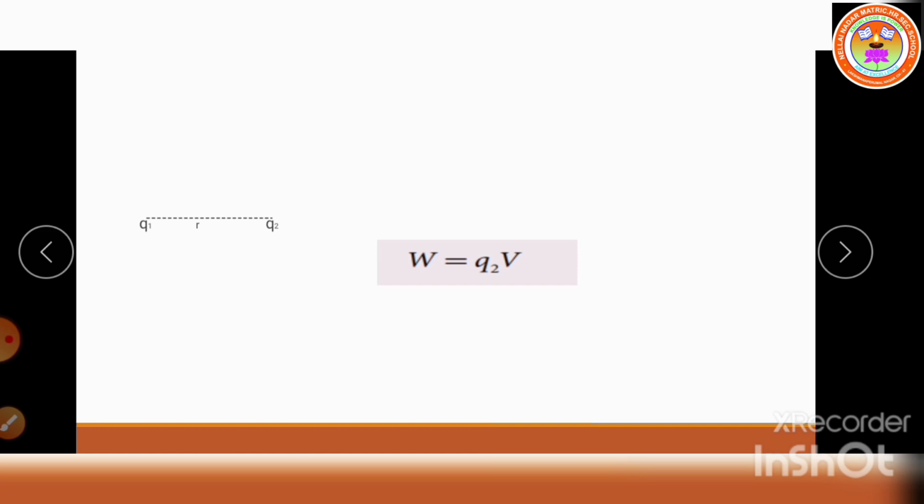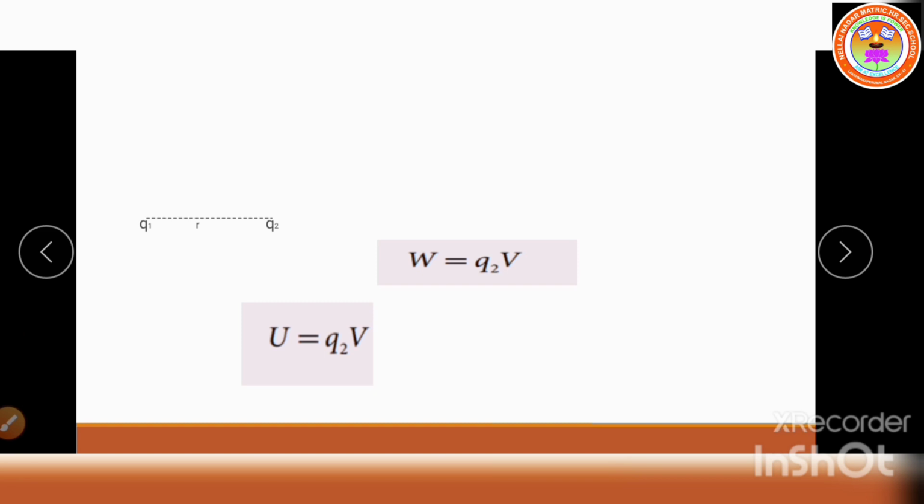This work done is stored as the electrostatic potential energy U of a system of charges Q1 and Q2 separated by the distance R. So we can write the formula U is equal to Q2 into V. This work done is now stored as what? Electrostatic potential energy.